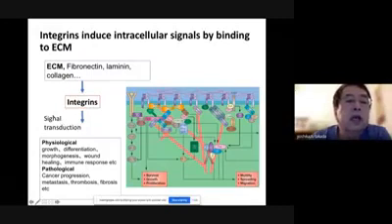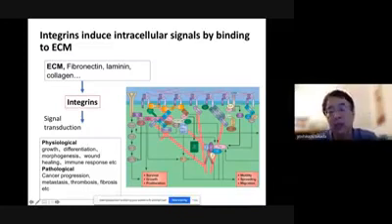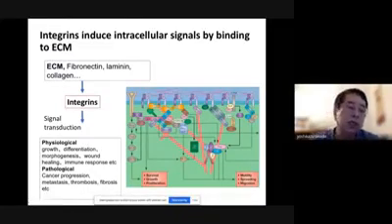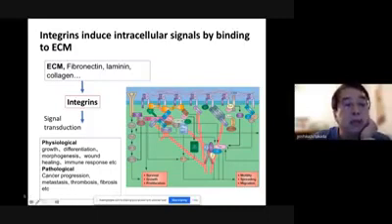Now these signals are very important for growth, differentiation, morphogenesis, wound healing, immune response, and normal biological and physiological processes, and also very important in pathological processes, in the pathogenesis of diseases like cancer progression, metastasis, thrombosis, and fibrosis.